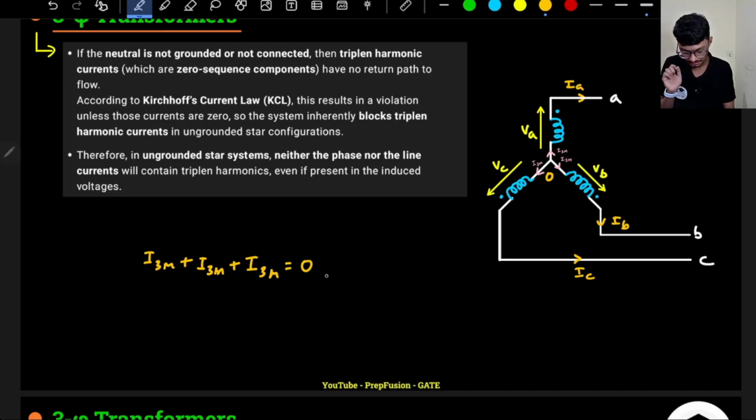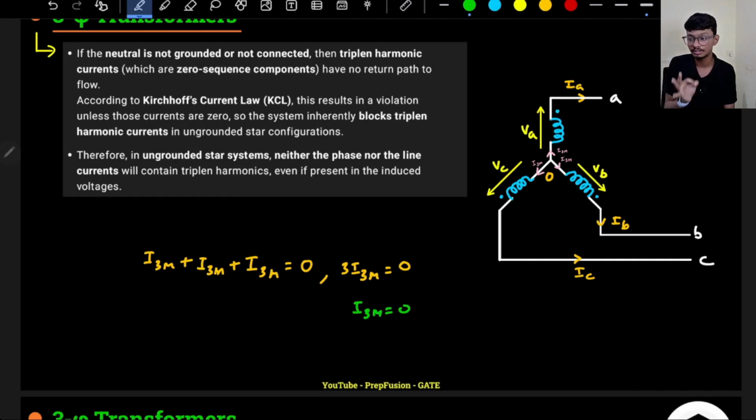Hence 3 I3M equals 0, so I can write that I3M equals 0.